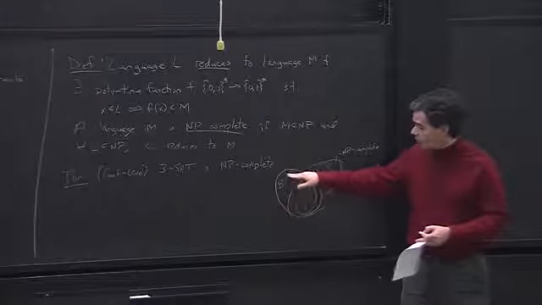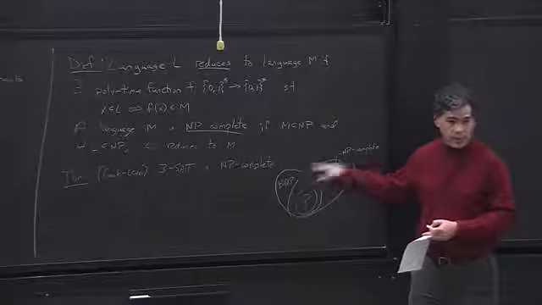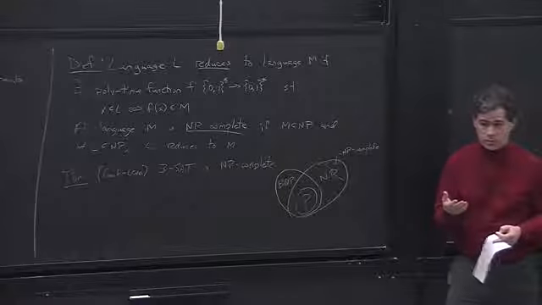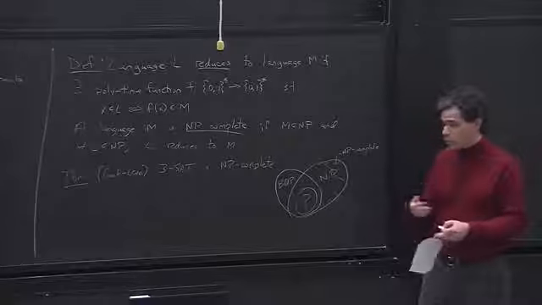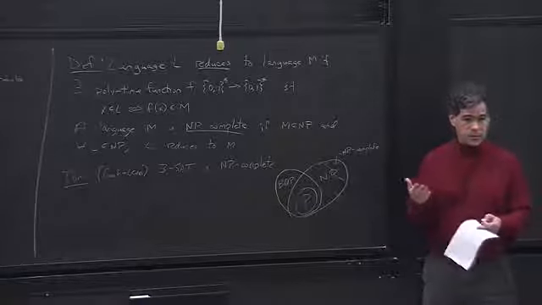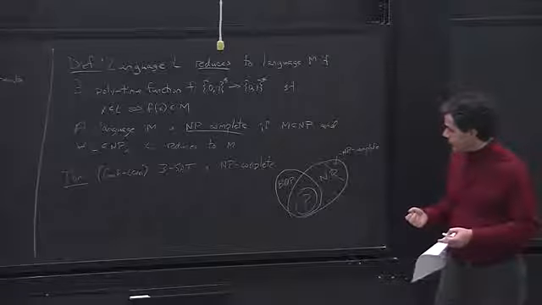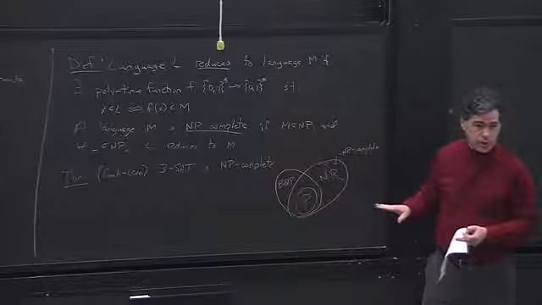And moreover, we think it includes some problems that are not even in NP, that there's no efficient way to check the answer to on a classical computer. But you can still find the answer efficiently on a quantum computer. Simulating quantum systems is a standard example of that. So this gives you an idea of how these complexity classes relate.